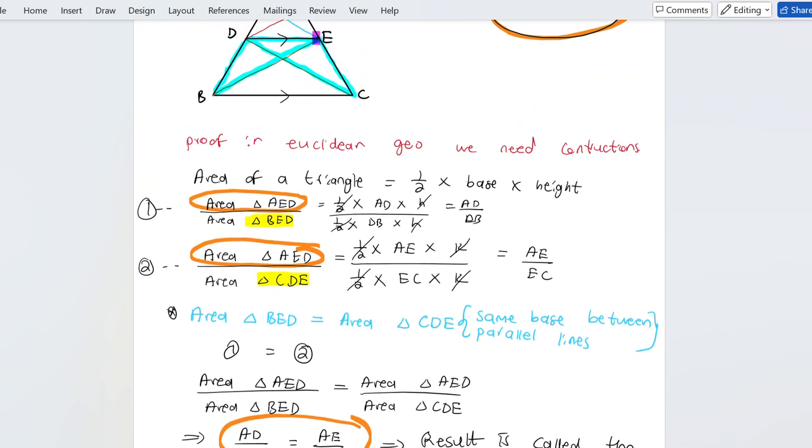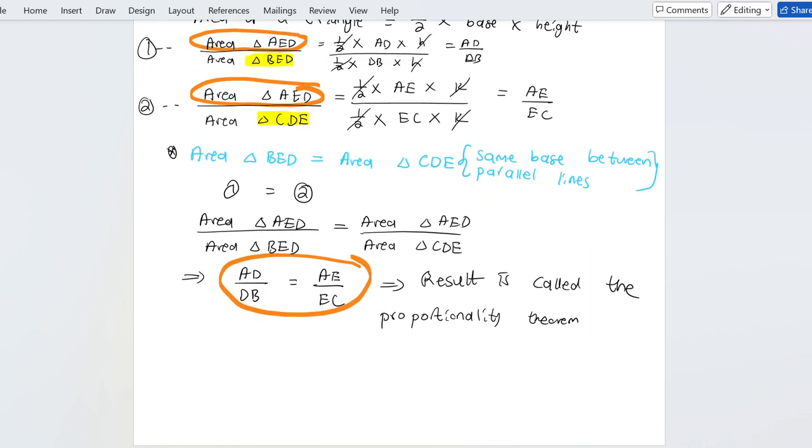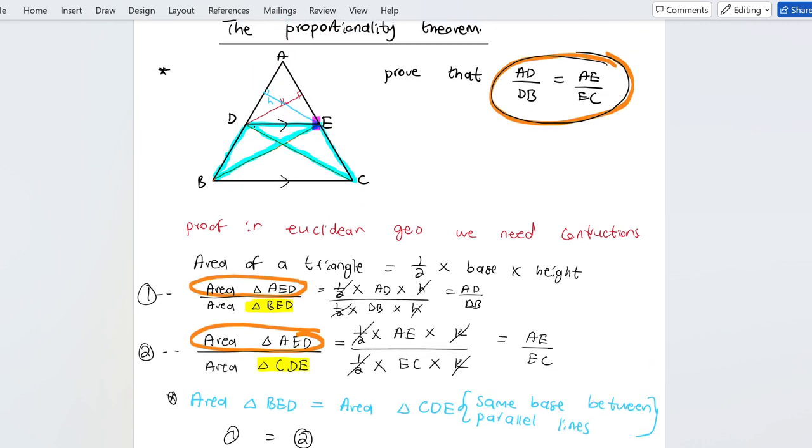Okay, so it states, now looking at this triangle here, a line segment DE joining two sides of the triangle and parallel to the third side divides those two sides into sides which are proportional to each other. So it says that if I have line DE drawn in such a way that it is parallel to BC, and this line DE joins this side and this side, therefore, it's going to divide these sides.